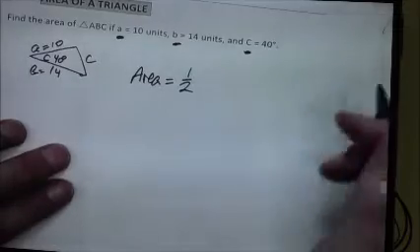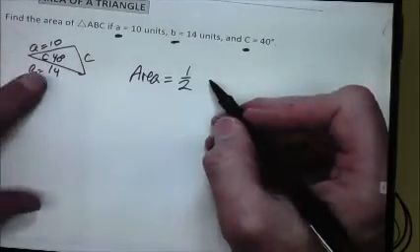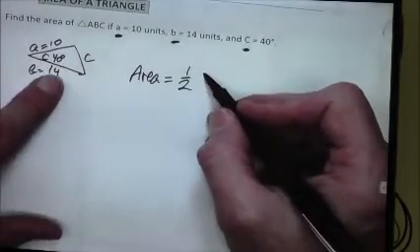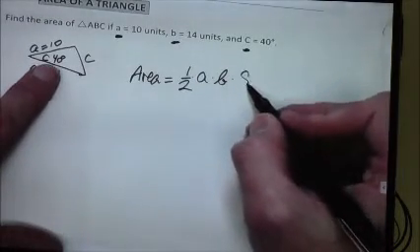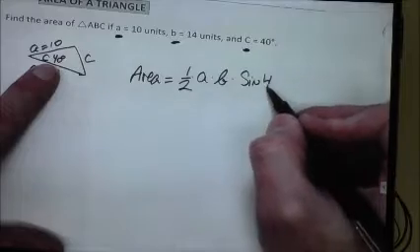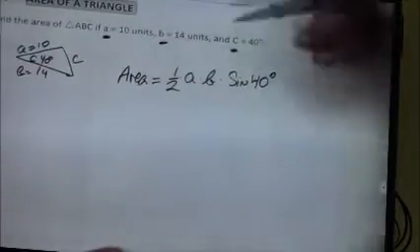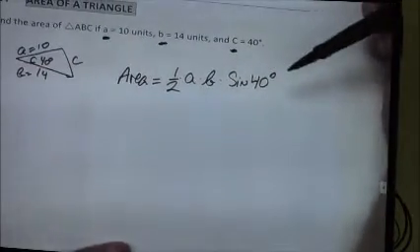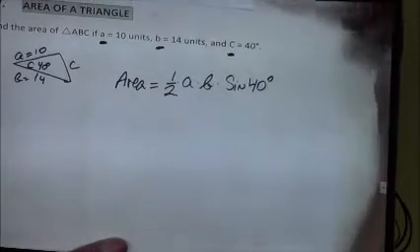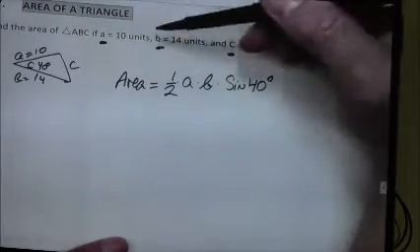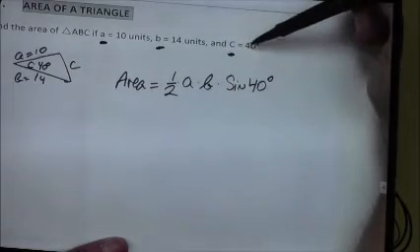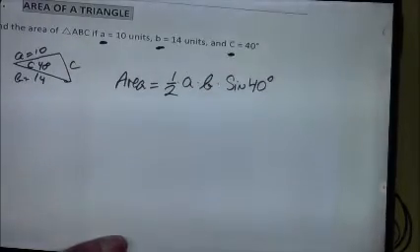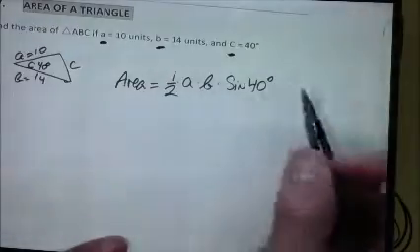The 1/2 is still here. But it's 1/2 times A times B times the sine of 40 degrees. Now, if you think about it, that's not that hard of a formula to remember. If you have 2 sides and the angle that's between them, you multiply those 2 sides times the sine of that angle and take half of it and you have the area.